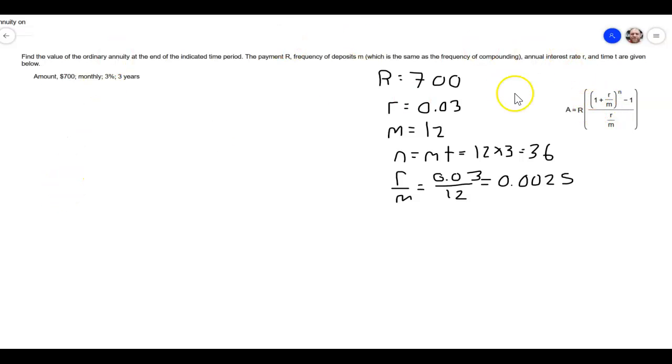All right, so let's put all that into the formula, and then we'll put it into our calculator. So A, which is what we're trying to solve for, is equal to the capital R, which is the monthly amount there, so 700 times 1 plus R over M. That's just going to be 1.0025 because it's just 1 plus 0.0025.